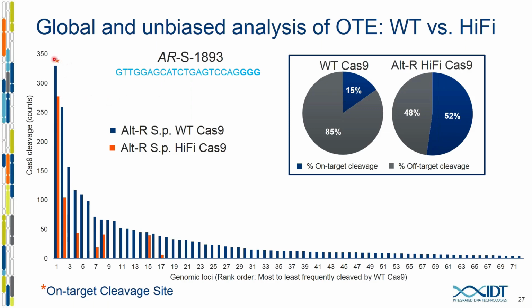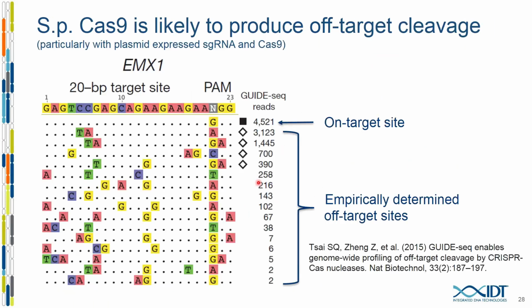What we find is that at the on-target site, marked with the asterisk, there's not much difference between the two proteins, but you can see all these off-target sites in blue, the vast majority of which are eliminated by using our Hi-Fi Cas9 protein. So even in one of the worst-case scenarios, where you've got a really bad guide, most of whose sites probably don't actually happen in the cell, our protein does quite well.